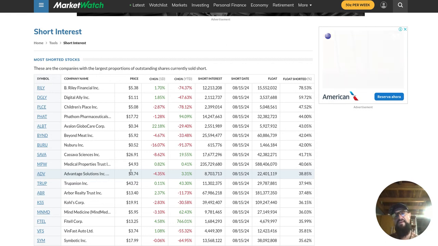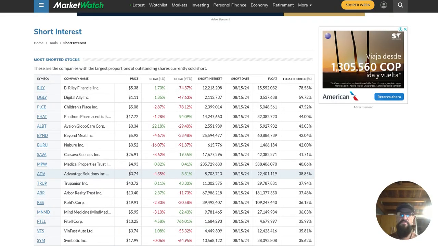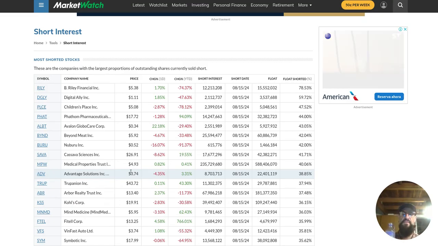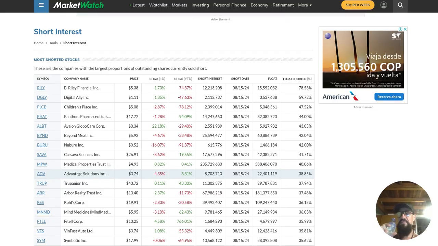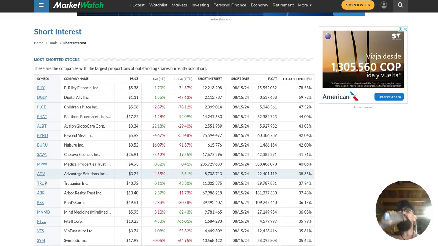Anything like that, a meme stock, the Reddit stocks, all of those, I would just stay away because there is a lot of trading activity, and you might lose a lot of money, like it happened to the short sellers in GameStop and AMC. I would focus on those companies that are unpopular.